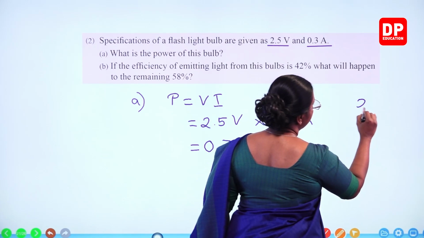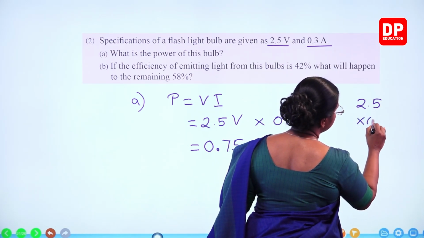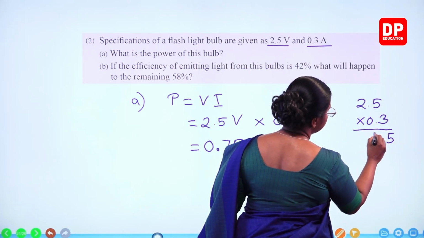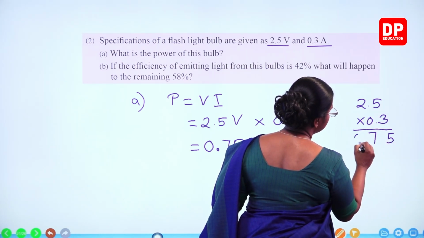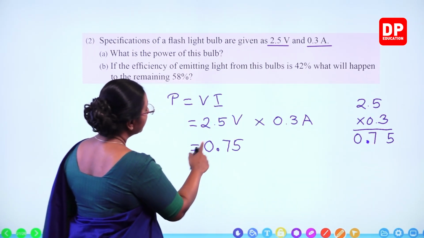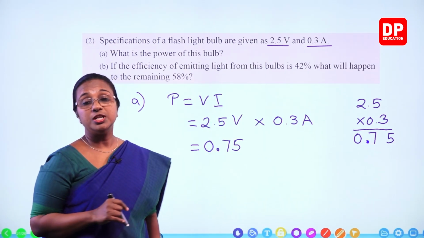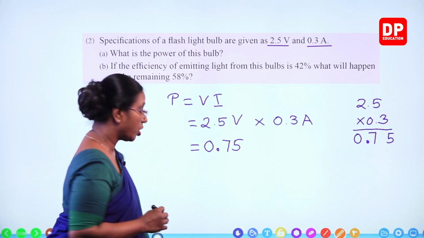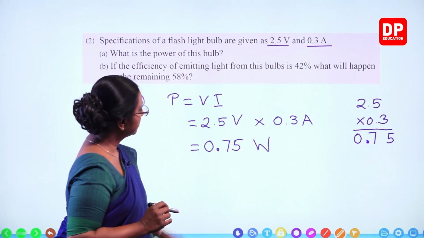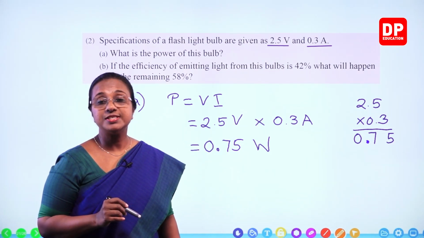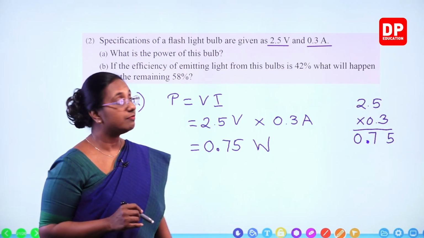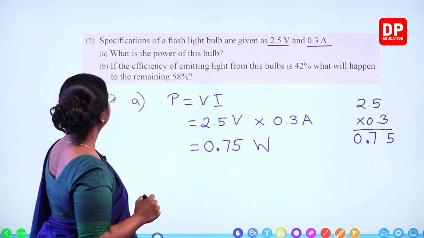There are 2 decimals, so 0.75. What is the unit of power? It is watts. Voltage into current, volts into amperes, is watts. 0.75 watts. What is the power of this bulb?